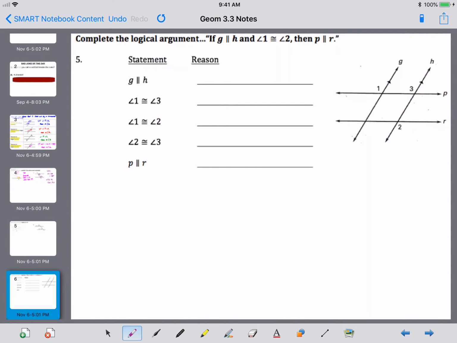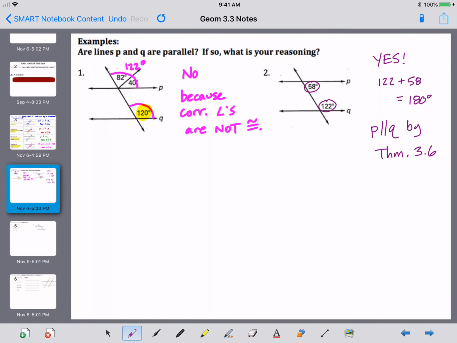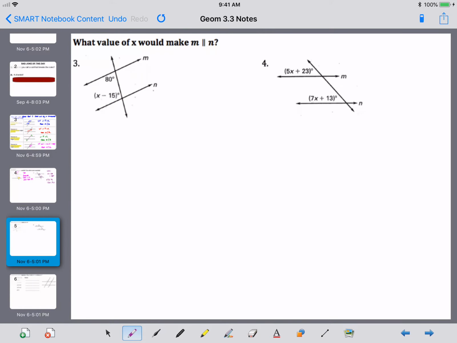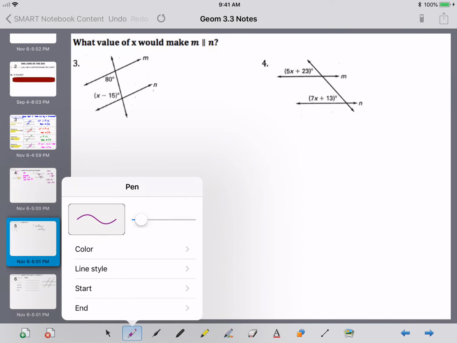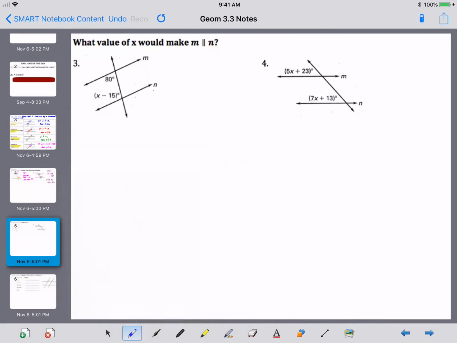Okay, let's look at a couple more examples here. So moving on with example 3, we're going to answer this question. What value of x would make these two lines parallel? Well, we know that if we can make sure that these consecutive interior angles add up to 180, then line M has to be parallel to line N. So let's go ahead and do that.